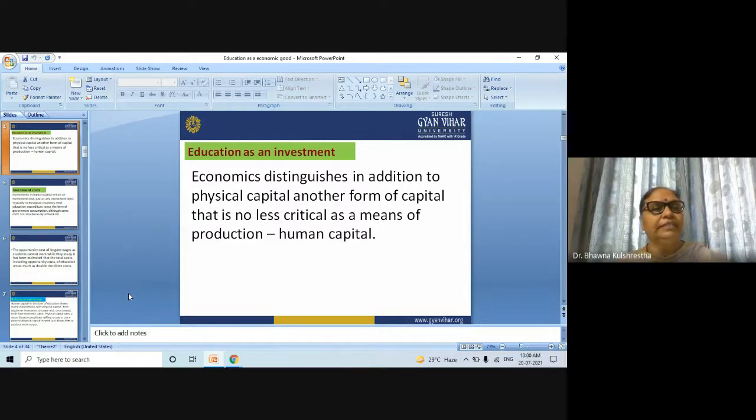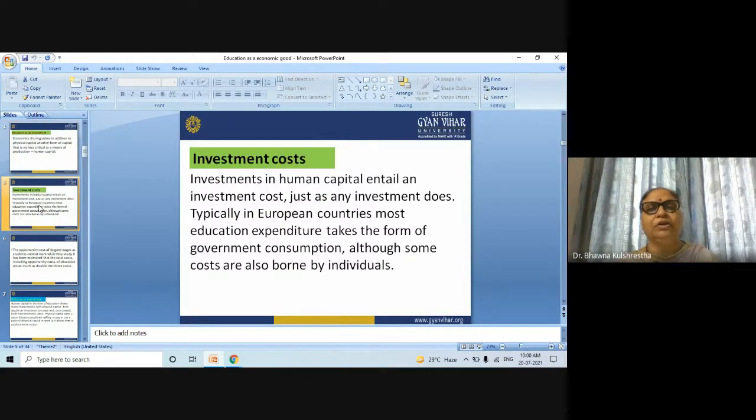And the next is the investment costs. Investments in human capital entail an investment cost, just as any investment does. Typically, in European countries, most education expenditure takes the form of government consumption, although some costs are borne by individuals.